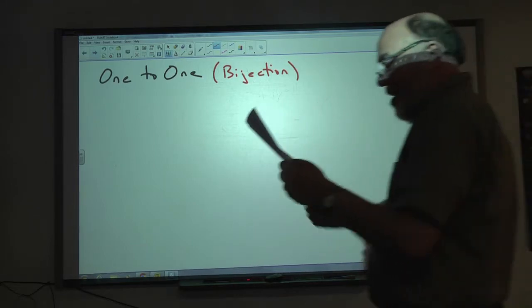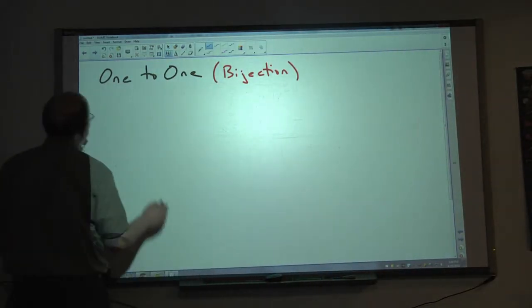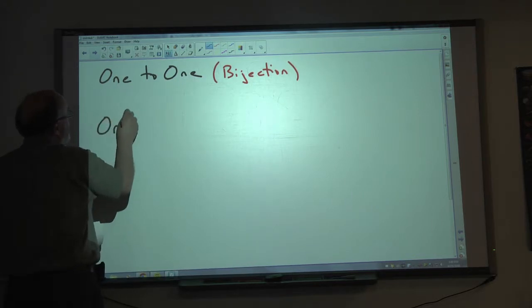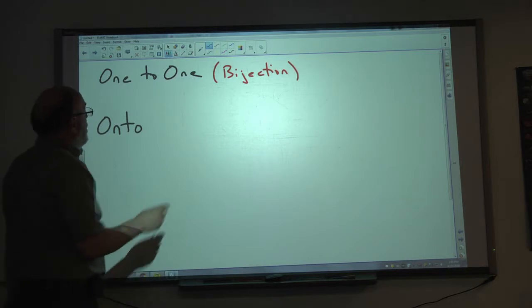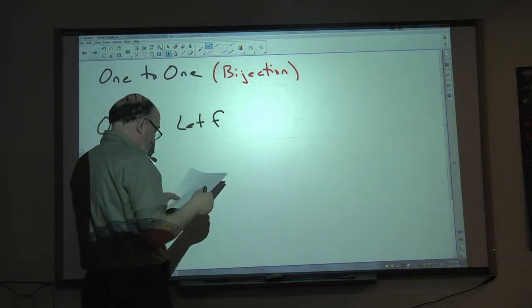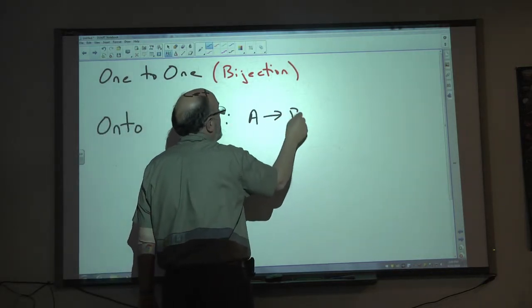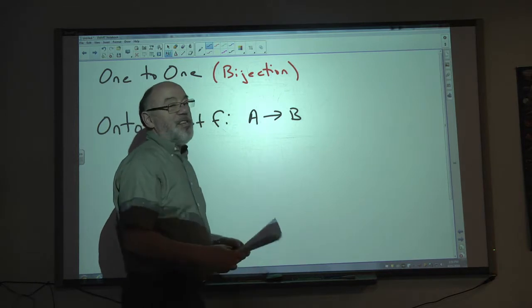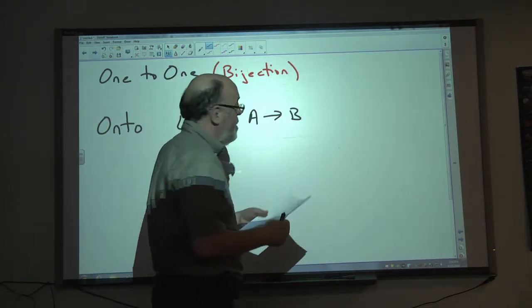The other term that they talk about is onto. Okay. Another term. So let's say let f be a function that maps A to B. All right. So f is some function that takes an element of A and matches it up with some element of B. Right? Okay.